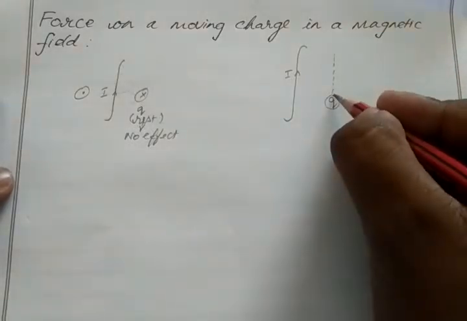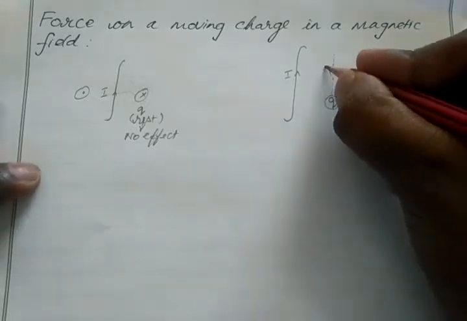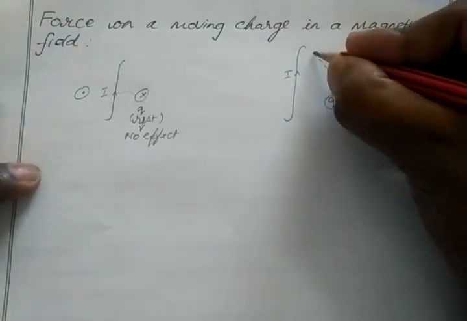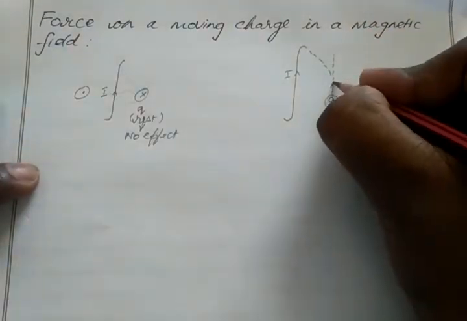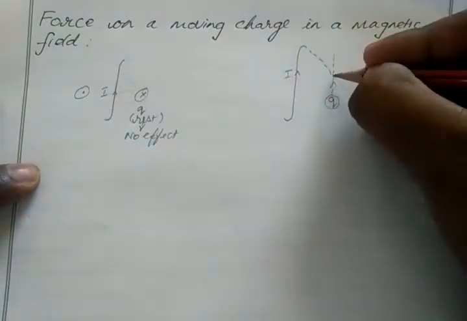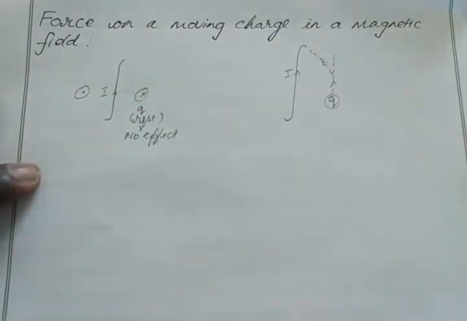The movement of the charge is disturbed by some force, and this charge starts to deflect like this. It is supposed to move in a straight line, but instead the charge starts to deflect.